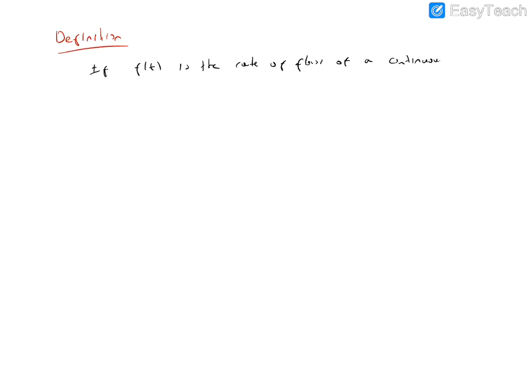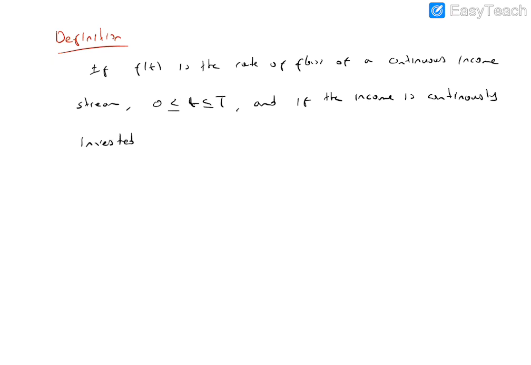If f(t) is the rate of flow of a continuous income stream, and t changes from 0 to capital T, and if the income is continuously invested at a rate r, compounded continuously.